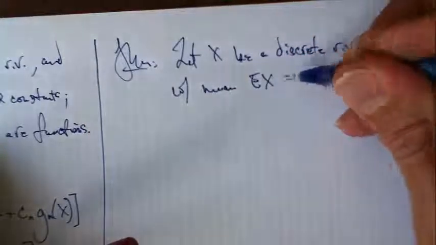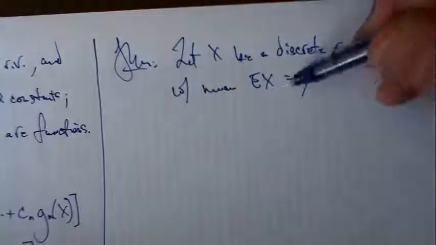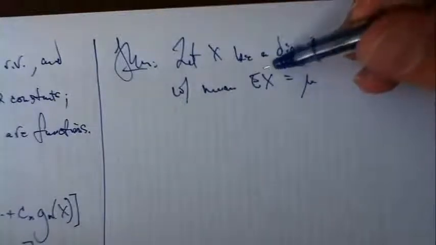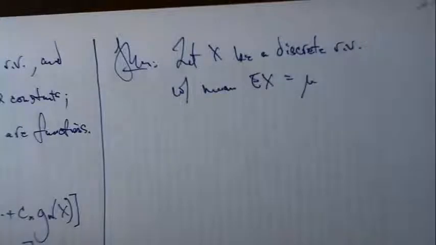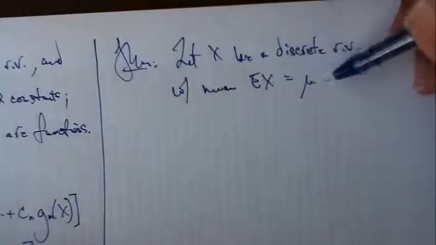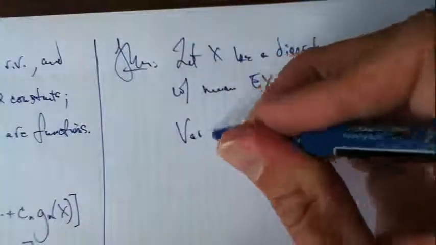By the way, sometimes if it's fairly obvious that we mean the expected value of x, we may or may not include the brackets there. So the expected value or the mean is mu. Then it turns out the variance of x can be written this way.